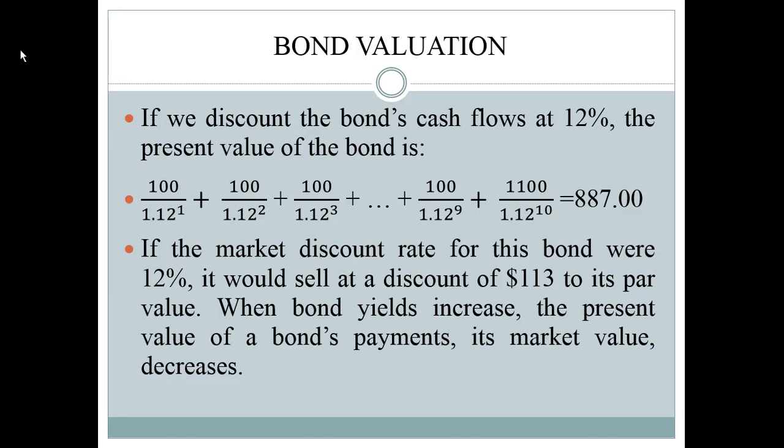So if we discount all those cash flows now at 12%, we'll find that the value is now 887, which means that this bond will be selling at a discount of $118, which means the market value of the bond decreases.